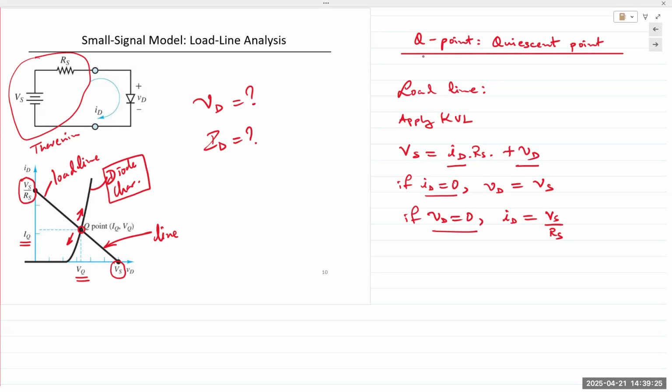The intersection point is the Q point. The coordinates of that Q point, extrapolate the Q point on the X and Y axis. Those are the solution to those two plots. The X coordinate gives us VD, Y coordinate gives us ID.